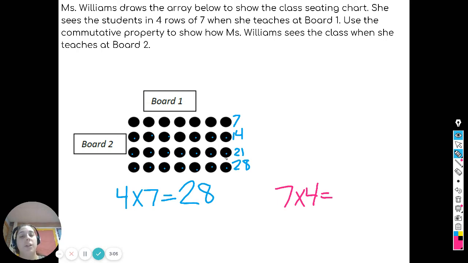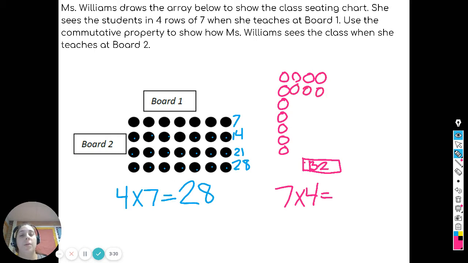So let's go ahead and redraw that. All right, this is the board. This is board 2. I'm going to label that B2. Okay, and there's 1, 2, 3, 4, 5, 6, 7 rows of 4. So let me go ahead and fill that array in.